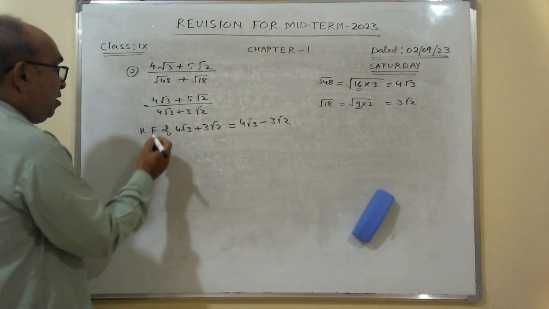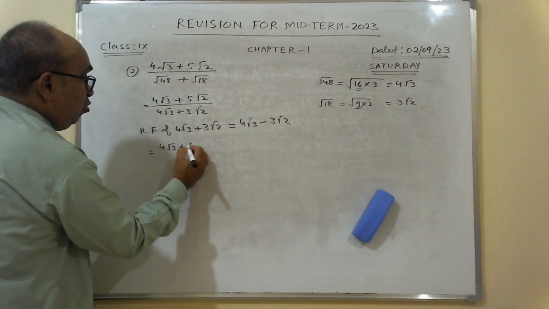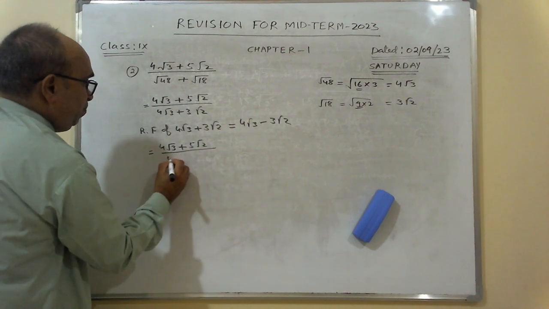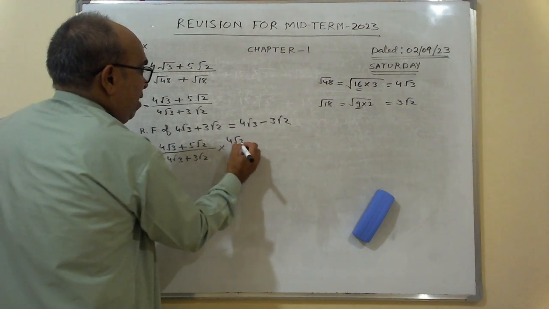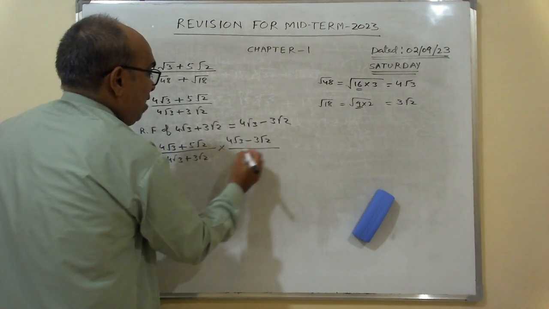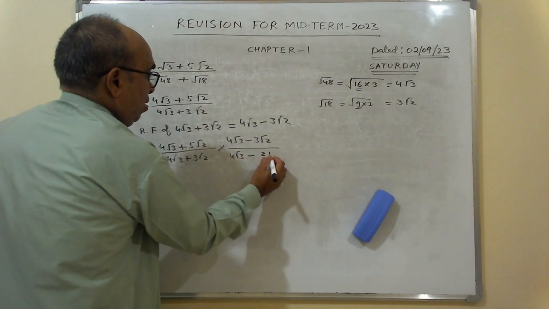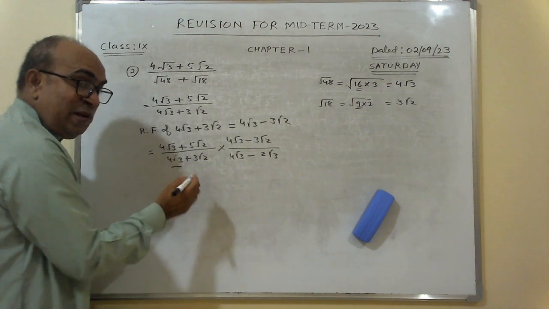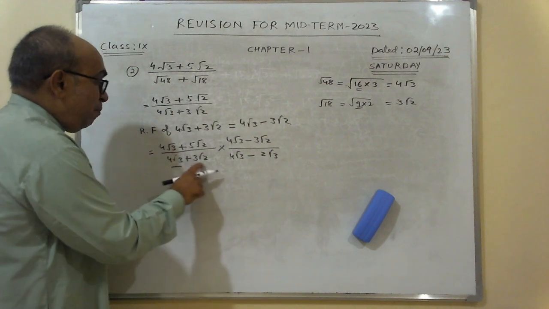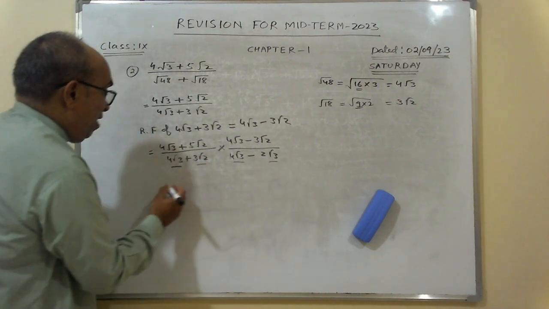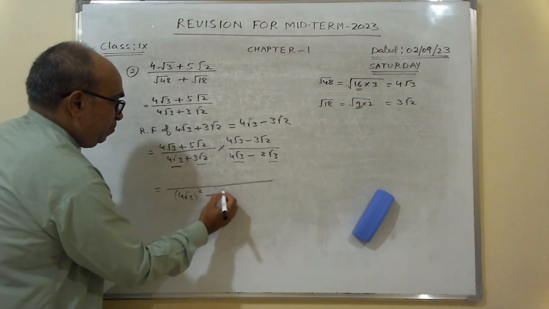Then you multiply the given number by this rationalizing factor, numerator as well as denominator. So the denominator will become in the form of one algebraic identity, a plus b, a minus b, and you know that is a square minus b square.